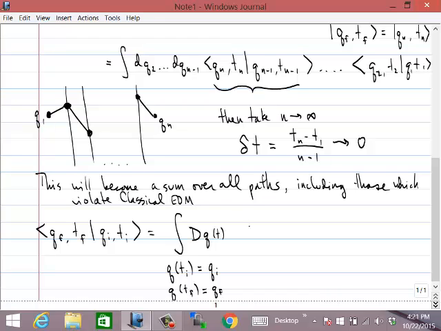And the second thing we need to do is figure out exactly what it is we're trying to integrate here. I told you that this took the form of an integral, but I wrote down this integrand, which was some complicated product of a large and, at the end of the day, infinite number of terms. And so we need to understand exactly what that thing we're integrating looks like.